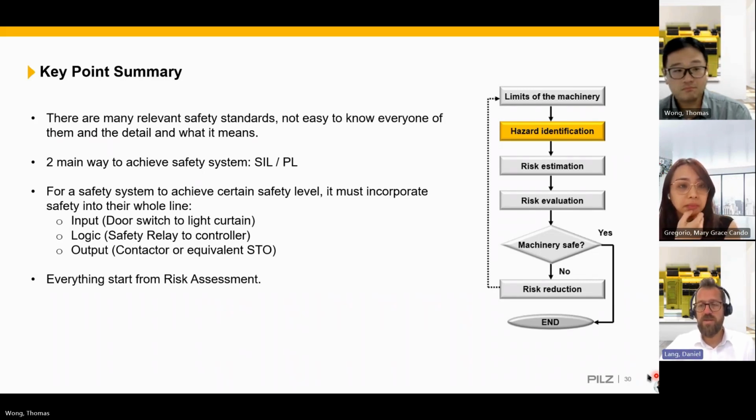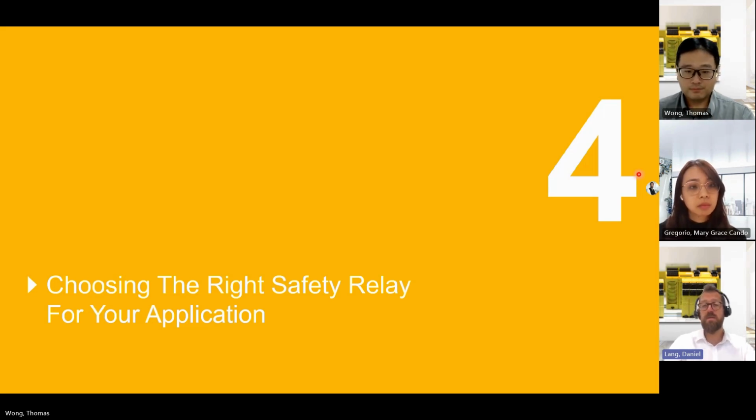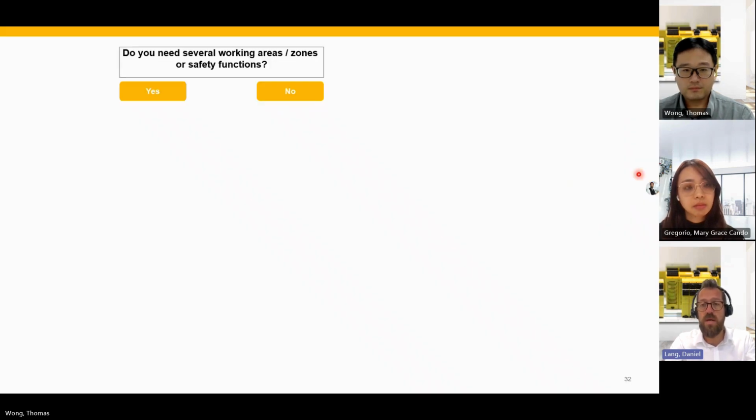Yeah, perhaps I can jump in in this case. On one hand, it is just like contacting Pilz because we have a very huge experience in it. But we have also made a guideline to walk through choosing the right safety relay for your application, so that you get the solution for what you want to do.